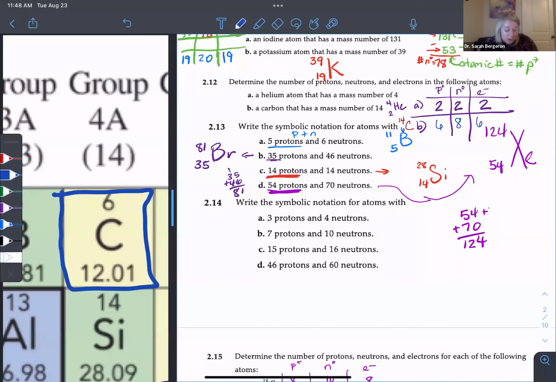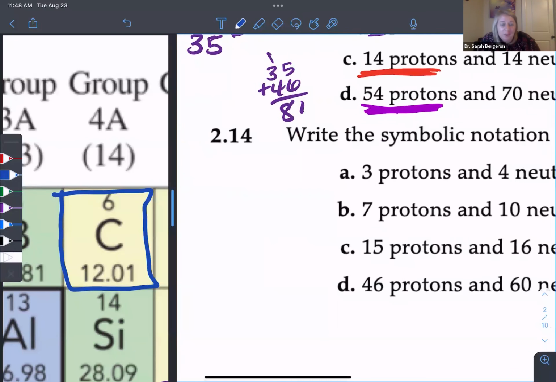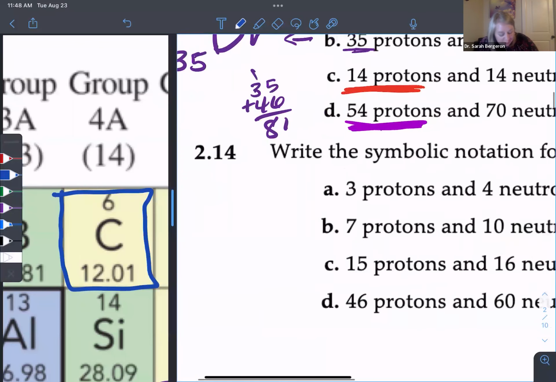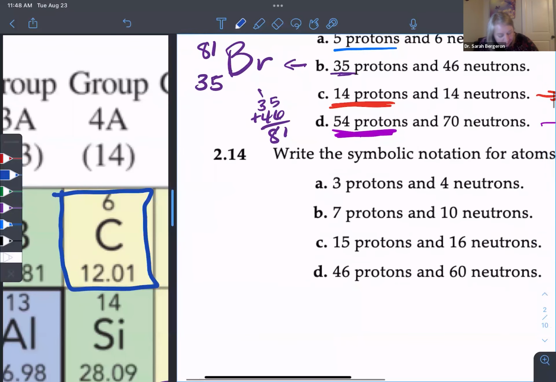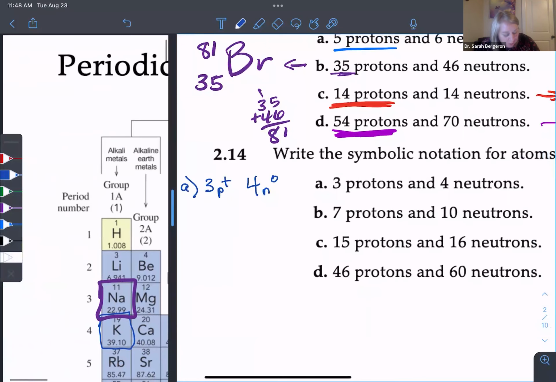You just got to do more practice. Write the symbolic notation for atoms with... Well, we've already been working on this. This is so awesome. We can do this, right? No big deal. Okay, so let's do A. We've got 3 protons and 4 neutrons. So I'm going to go to the periodic table and find who has 3 protons.